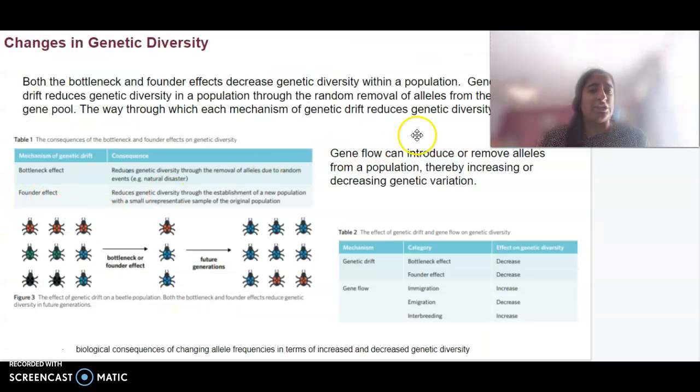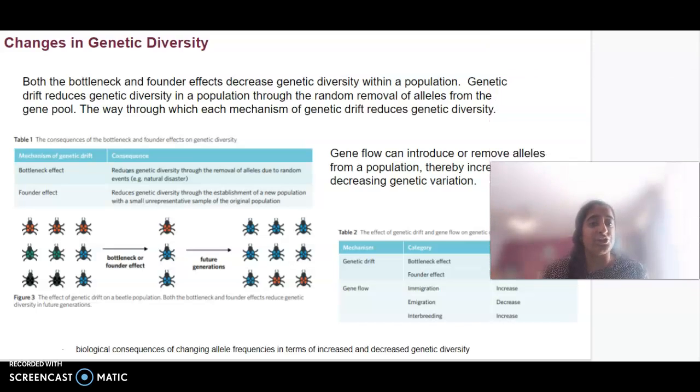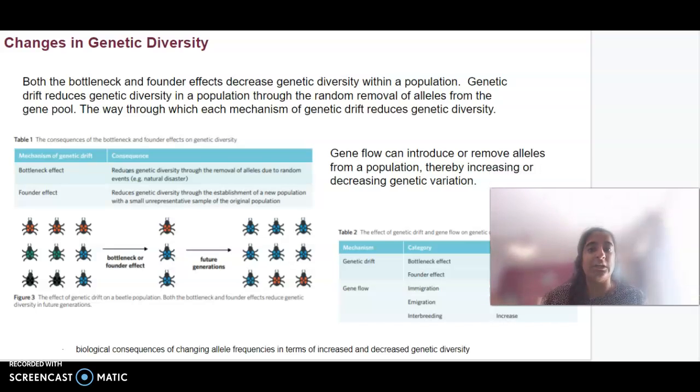Looking onto the changes that this can have on genetic diversity, so both bottleneck and founder effect, they do decrease genetic diversity within a population. So genetic drift reduces genetic diversity in a population through the random removal of alleles, and so each mechanism of genetic drift reduces genetic diversity as well.